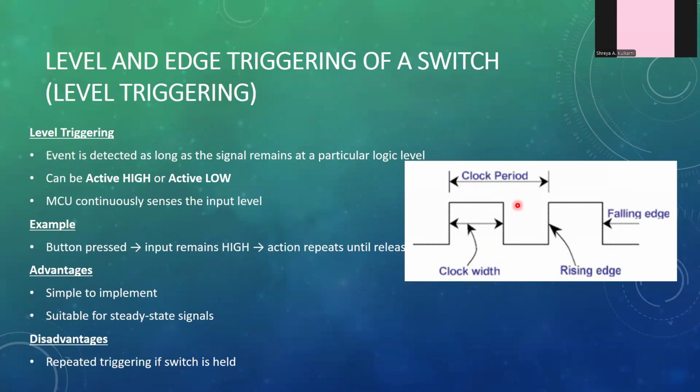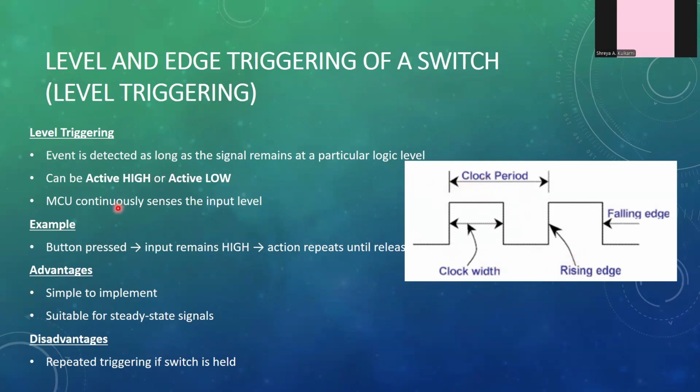You need not press again and again for increasing, like from 10 to 11, 11 to 12. You need not press it 10 times or 12 times if you want to increase it from 10 to 20 or 10 to 22. So here level triggering is used. It can be active high or active low, so it can detect either the active high level or the active low level.